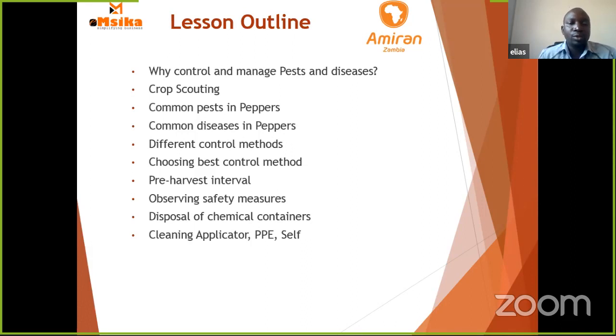Then also choosing pest control methods, because there are different control methods that we can use. So it depends on the situation in the field and what pest you have, and the threshold, of course, of the pest in the field. So we also look at the pre-harvest interval and also observing safety measures, then disposal of chemical containers, then cleaning applicators, the PPE, and self, meaning the person that is handling.